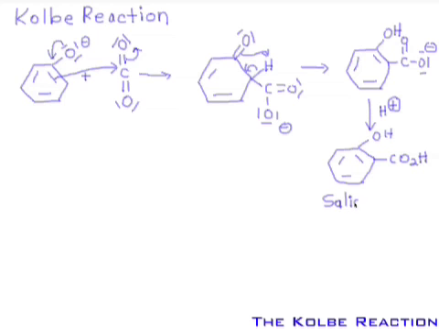Salicylic acid is known to be a painkiller, but it's a bit harsh on the stomach. And to reduce its reactivity, it can be reacted now with acetic anhydride. We had just seen in the previous reaction that acetic anhydride with phenol makes ester.